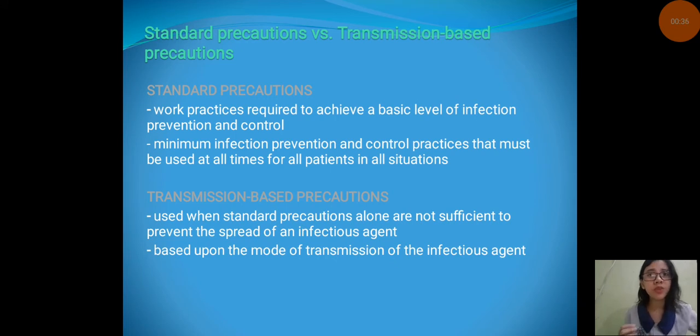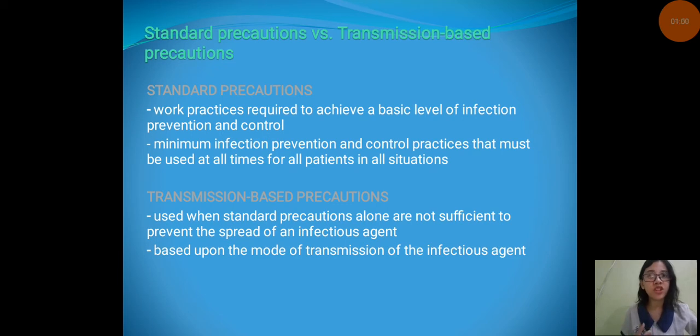The standard precautions are the work practices required to achieve a basic level of infection prevention and control. Transmission-based precautions, on the other hand, are used when standard precautions alone are not sufficient to prevent the spread of an infectious agent.